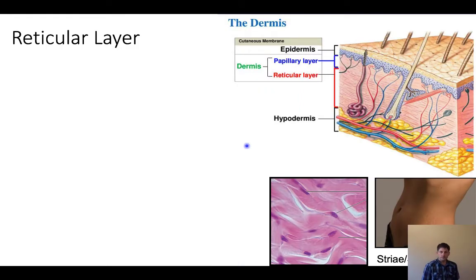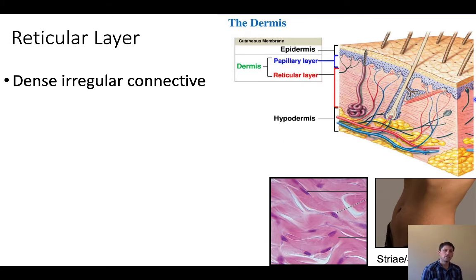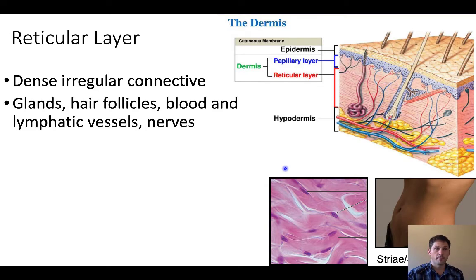Now the reticular layer is a little deeper to that, and the reticular layer is made of dense, irregular connective tissue. And remember, the function of dense, irregular connective tissue, as you can see down here, is to withstand stress in a lot of different directions, so it's really capable of holding on to those overlying layers.